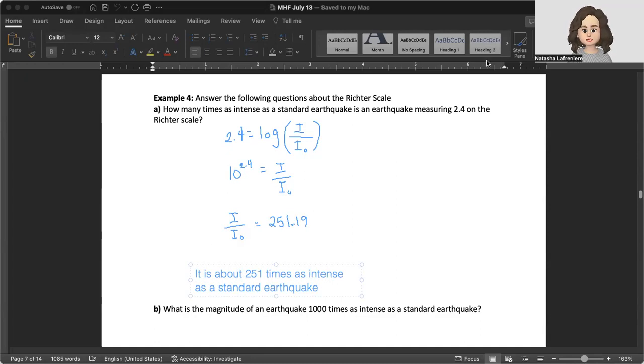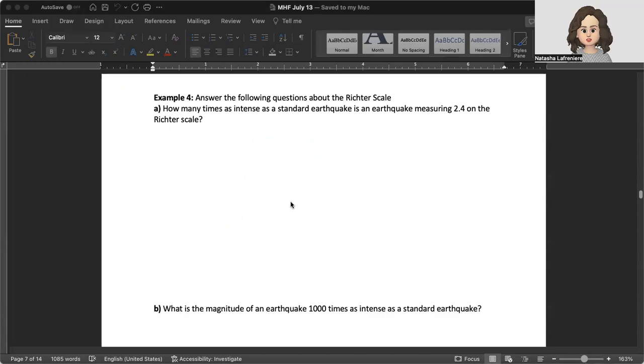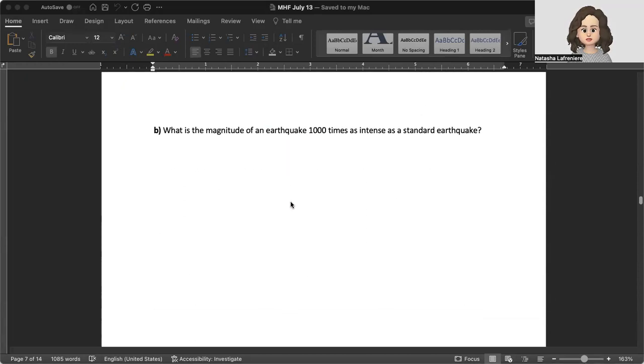Okay, so I'm going to clear this, and we've got a B part, which is super short, and you're good to go. So what is the magnitude of an earthquake 1,000 times as intense as a standard earthquake? Okay, so your M is going to equal log of 1,000. You throw that into your calculator and it is 3.